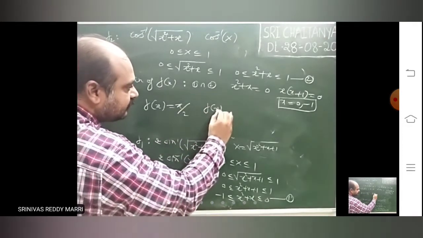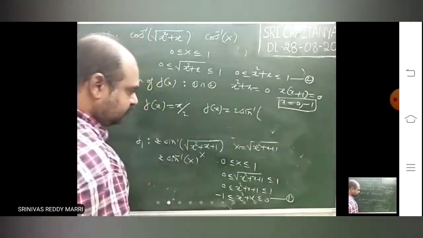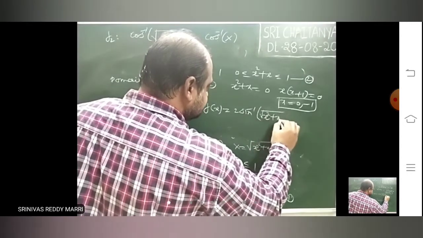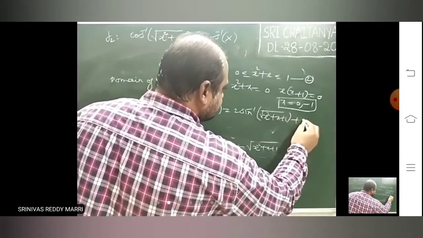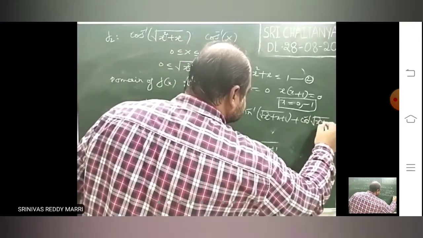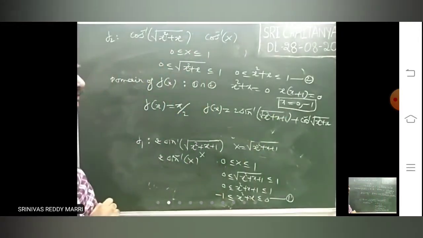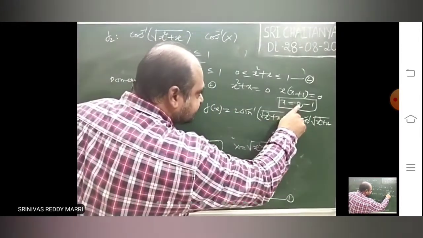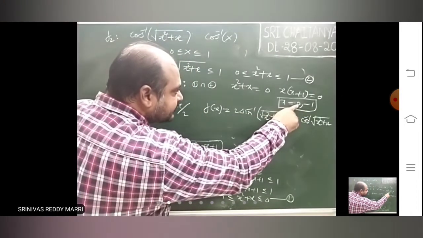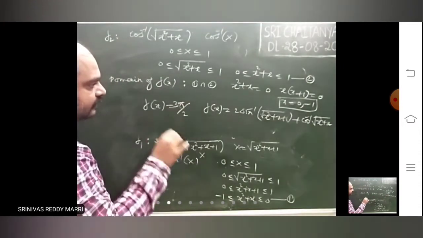So f(x) is 2 sin⁻¹(√(x² + x + 1)) + cos⁻¹(√(x² + x)). This function will be defined only for these two values. If solutions exist, they are in these values only. Now I have to check whether for this x value I will get 3π/2 or not.